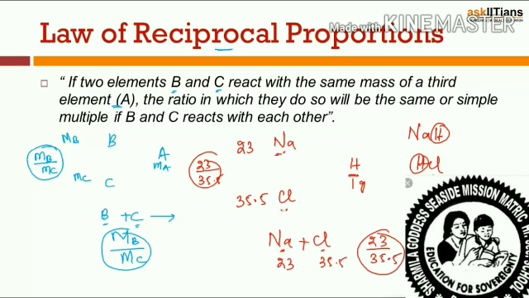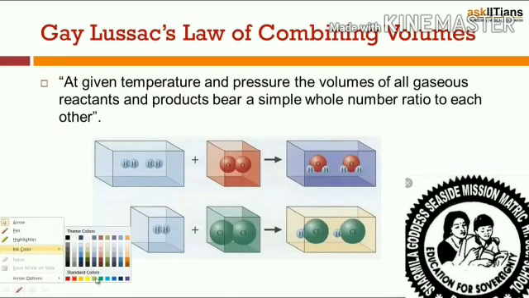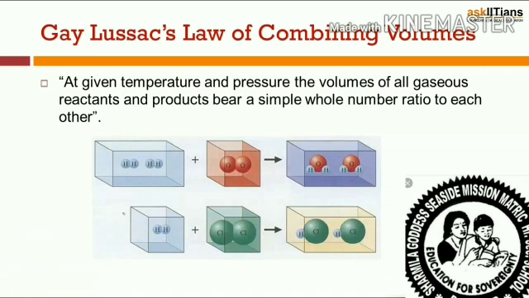Sodium is 23 and chlorine is 35.5, so this ratio is 23 by 35.5 and that ratio is also 23 by 35.5. So these two ratios are equal. That's what I said: these two ratios should either be equal or one should be an integral multiple of the other. This is what the law of reciprocal proportions is.